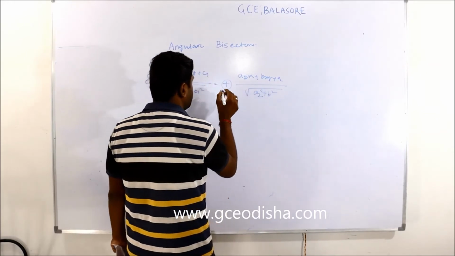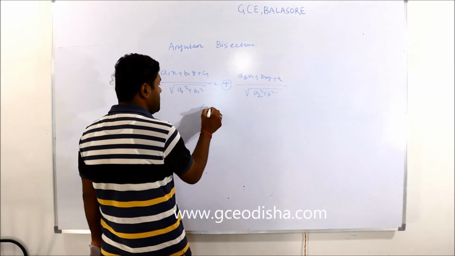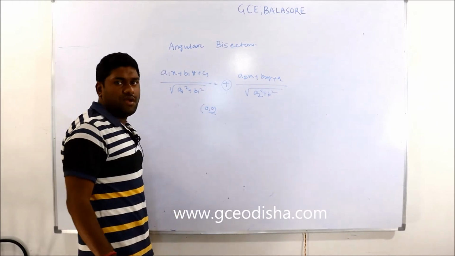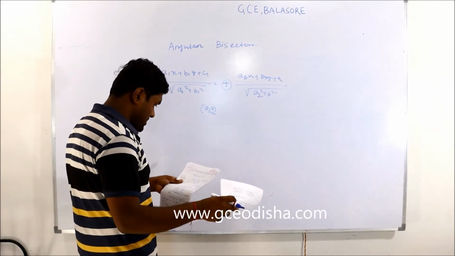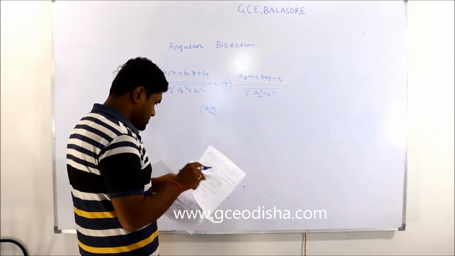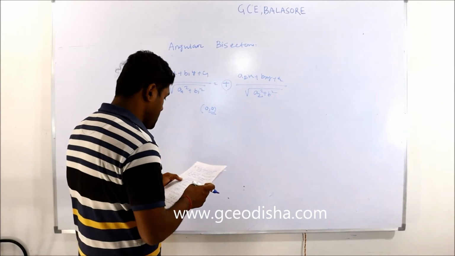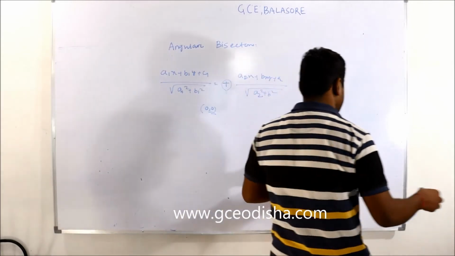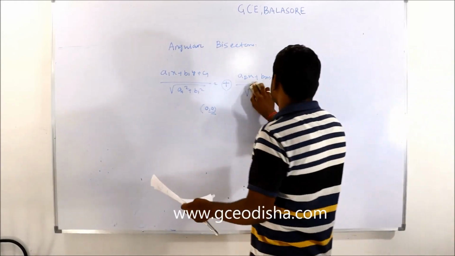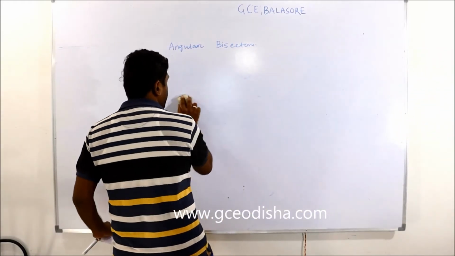When this positive sign comes, this line passes through the origin point (0, 0), right? Okay, I'm finding some questions. Let me find that question. Okay, the question is there. Let's solve the questions of angular bisector.